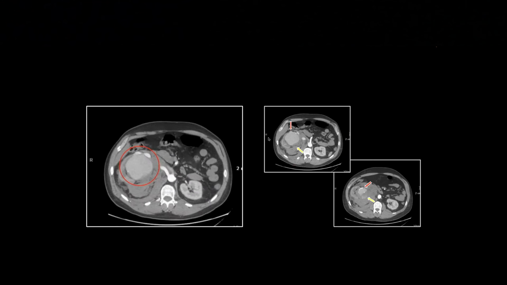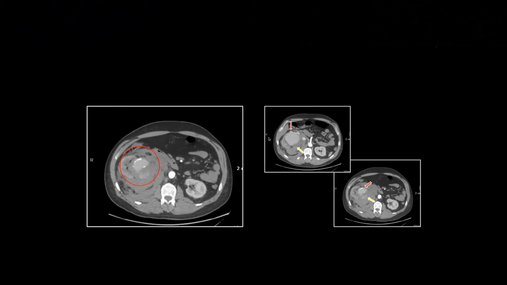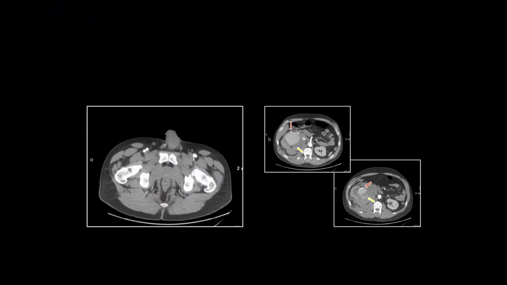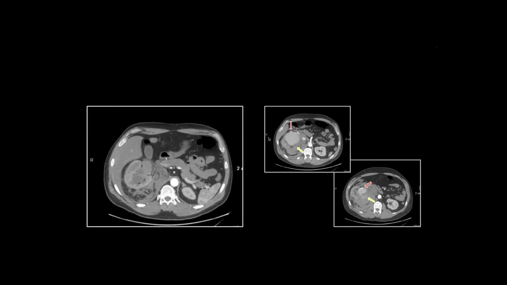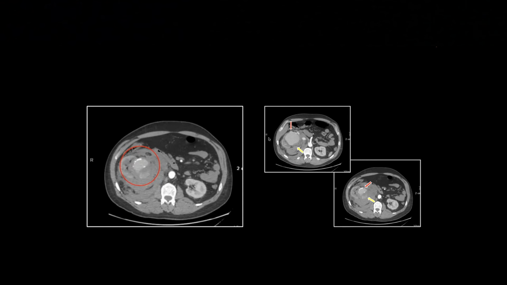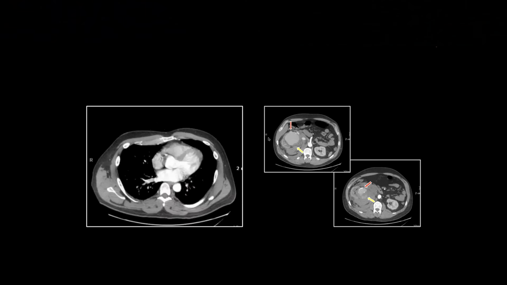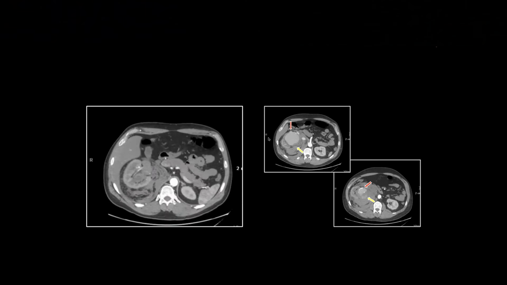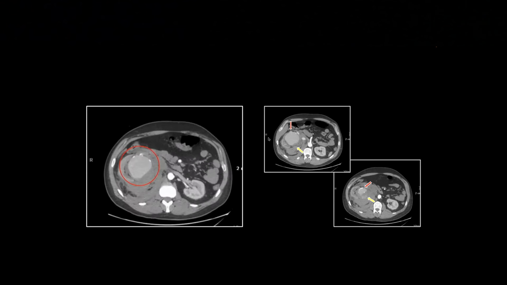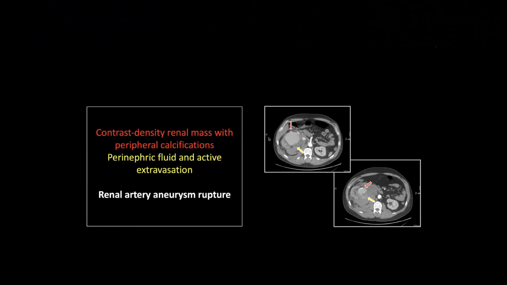So this one hasn't necessarily sumped as much blood as that AVF. It's not a high flow state necessarily. Obviously, the renal artery to that side is slightly enlarged and tortuous. Very nice view of that peripheral calcification. All right, so that is a giant renal artery aneurysm with rupture.